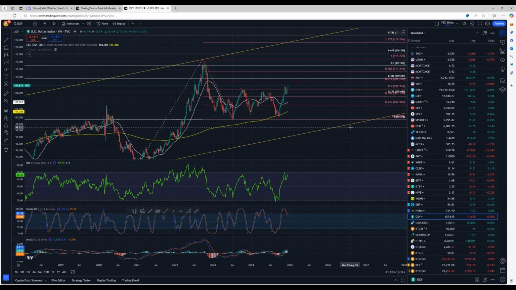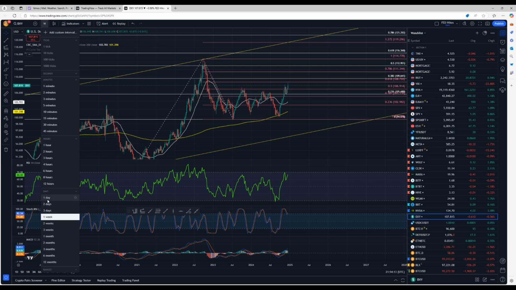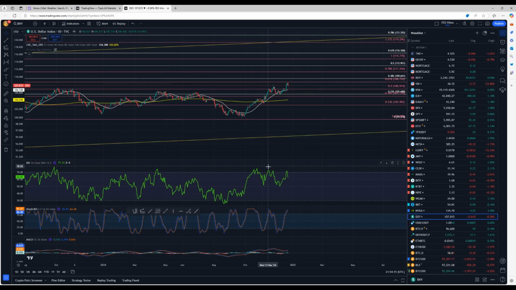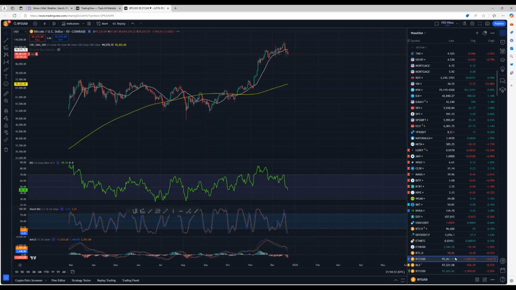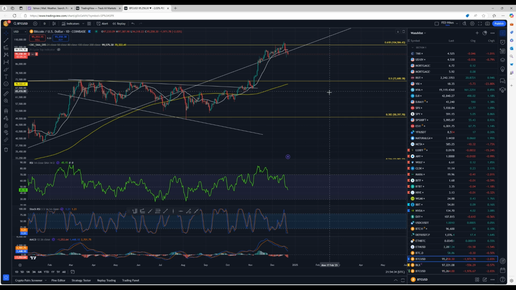Anything is possible. I mean, currently there is some bearish divergence right now. Might be able to see it on the daily. Yeah, just barely. So these are all things that you guys ought to be considering.